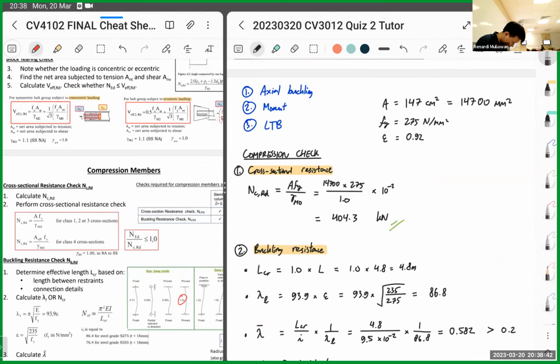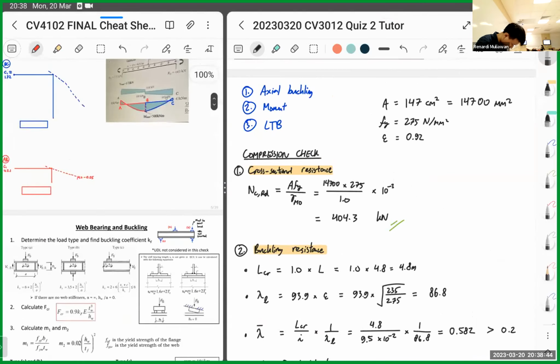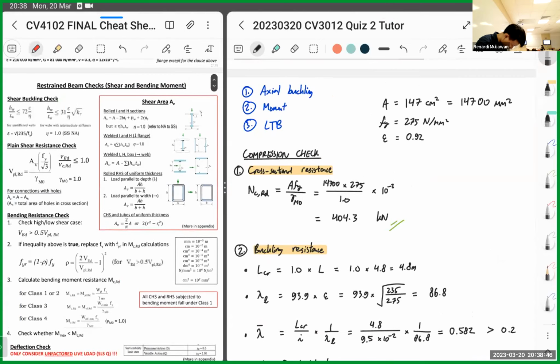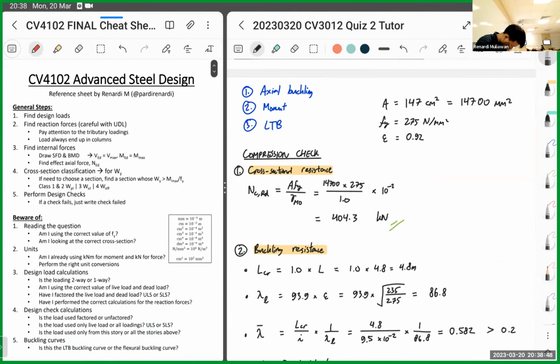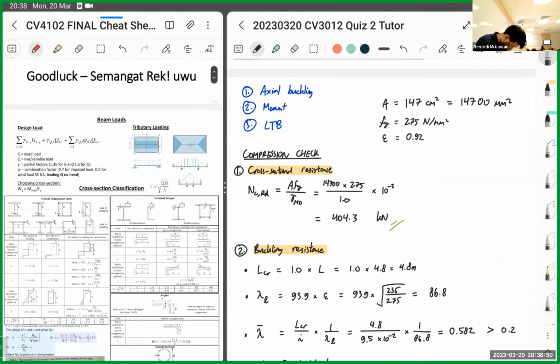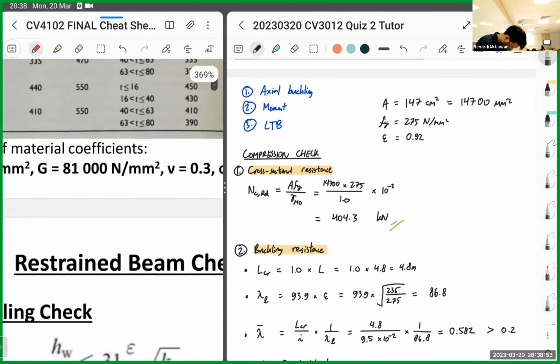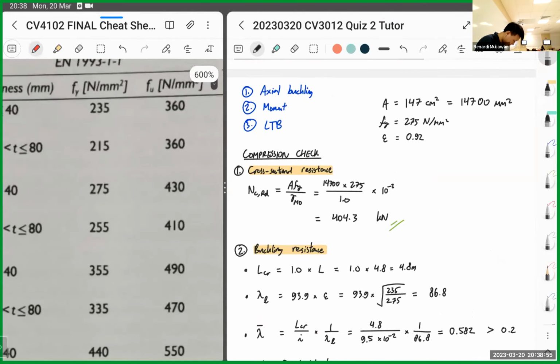Fy is Newton per millimeter squared. If this is Newton per millimeter squared and this is millimeter squared, they cancel and it's Newtons. Newtons times this gives kilonewtons. Should be correct, yeah?